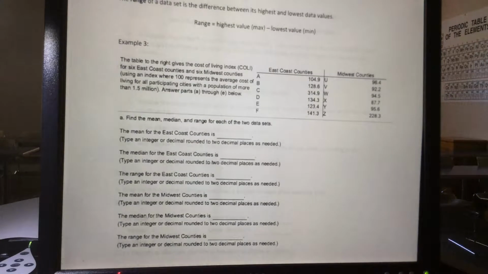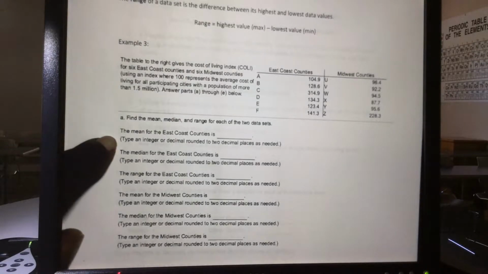Here we're going to answer parts A through E below. With this example, I've broken it up into separate parts because there are other things that we need to talk about more. In part A, you're going to find the mean, median, and range for each of the 2 data sets.